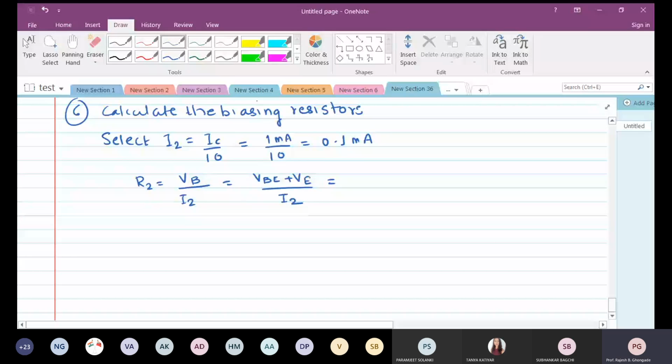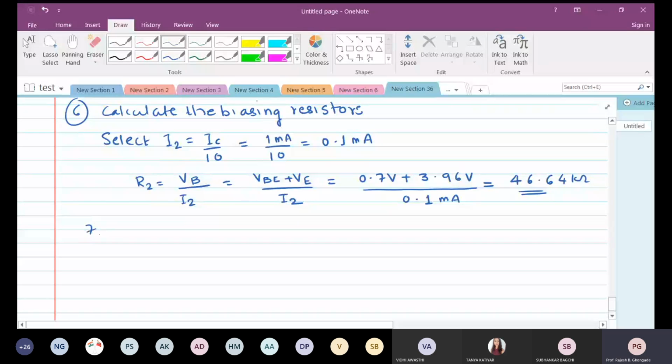VBE is 0.7 volts plus, what is VE? 3.96 volts divided by 0.1 milliampere. Calculate this. 46.64 kilo ohms. This is the value of R2.